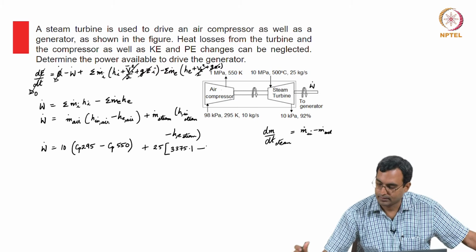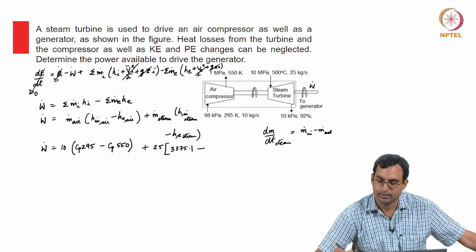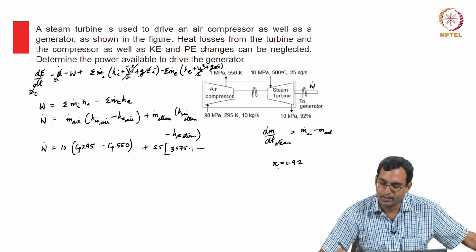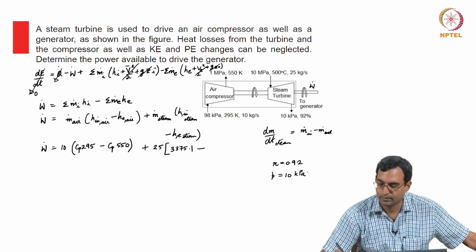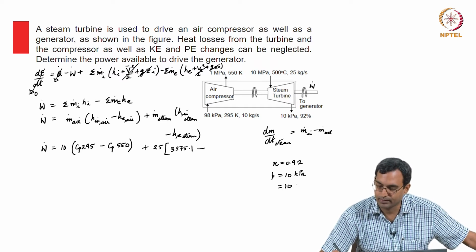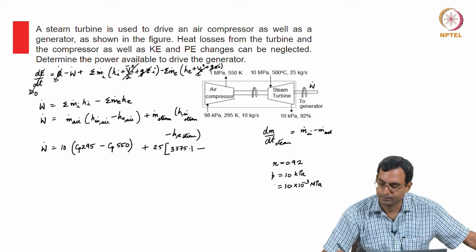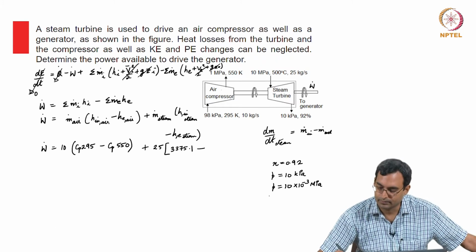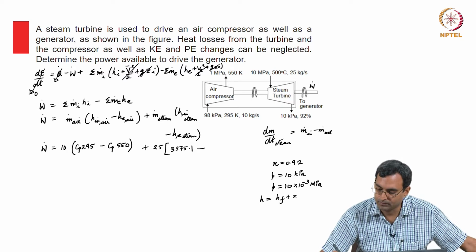At the exit I can see what. So, at the exit I have 92% as x, I have pressure as 10 kilopascal, which is 10 to the power minus 3 megapascal, which is 0.01 megapascal. So, at 0.01 megapascal I would have an expression of this form.